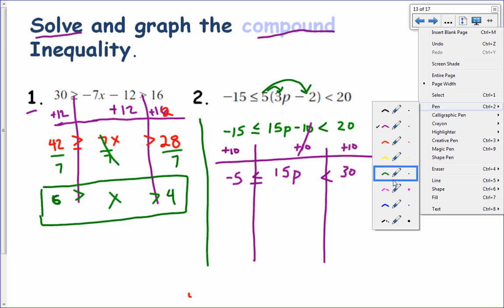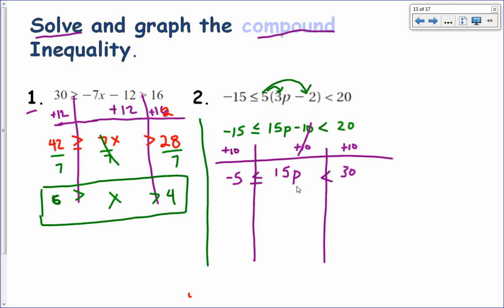I'll switch back. We'll do blue this time. I'll divide by 15. This will cancel out. Now p is all that's left in the middle. And I've got my less than or equal to sign.